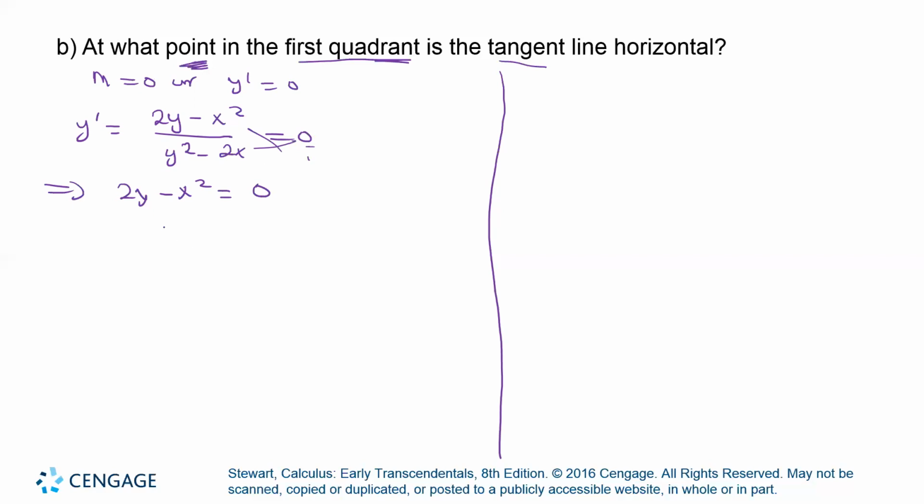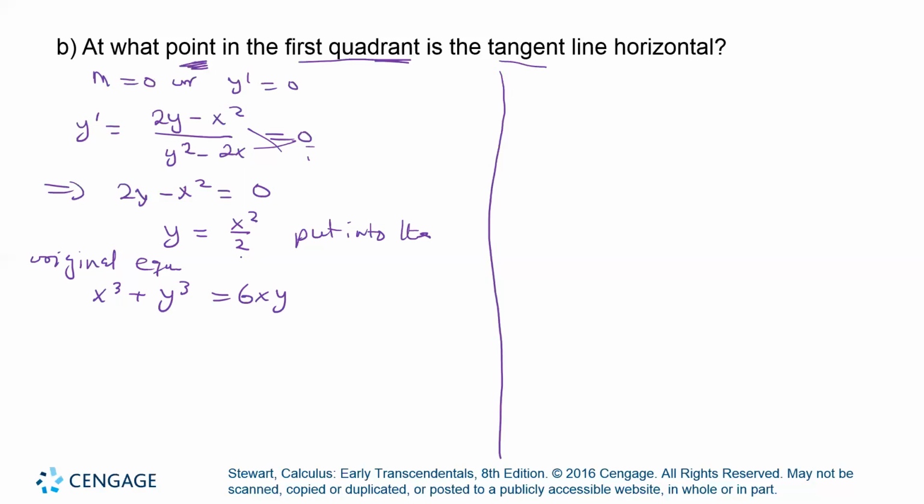And it means that y is equal to x squared over 2. Then we put this into the original equation, which was x cubed plus y cubed equal to 6xy.